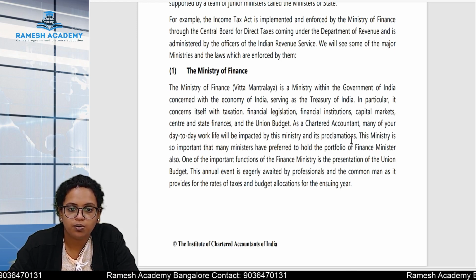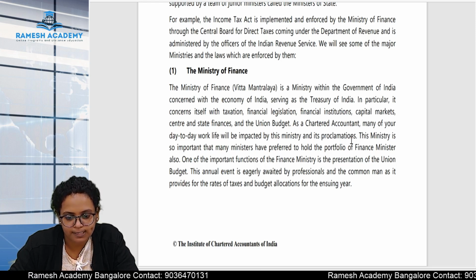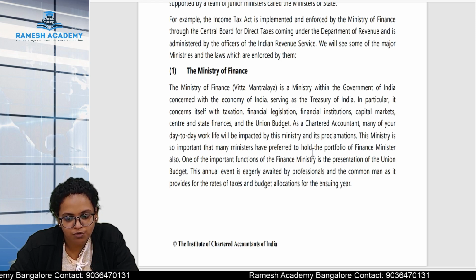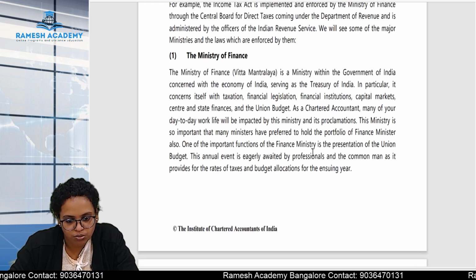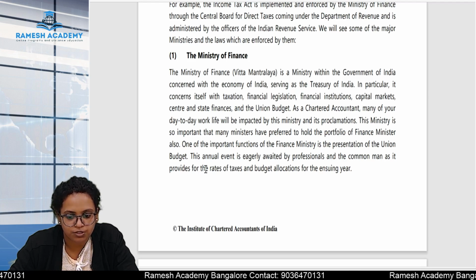So most of your works depends upon the decisions taken by the Ministry of Finance. This ministry is so important that many ministers have preferred to hold the portfolio of finance minister also. One of the important function of the finance minister is the presentation of the union budget.